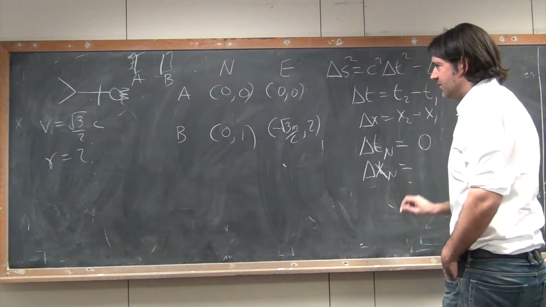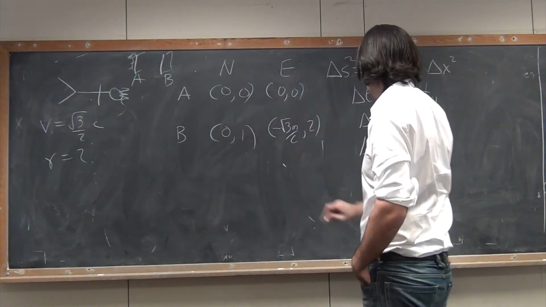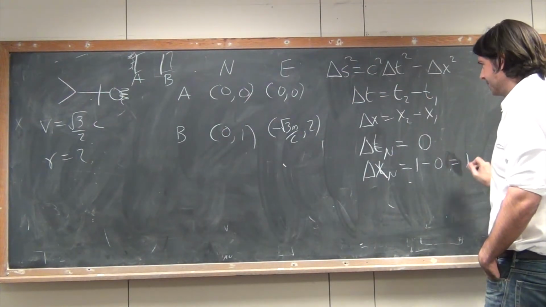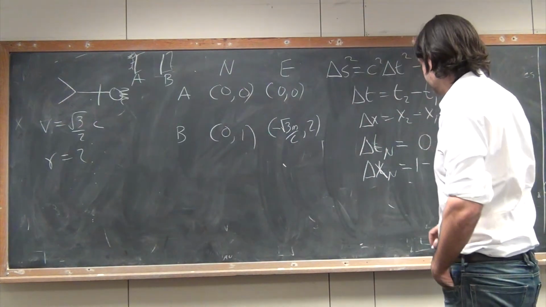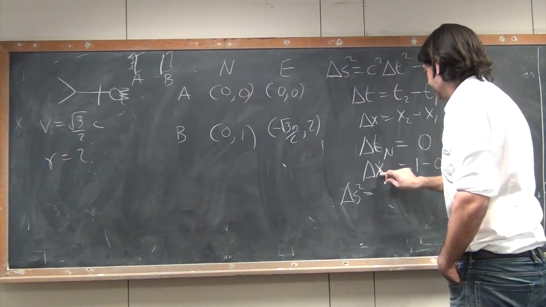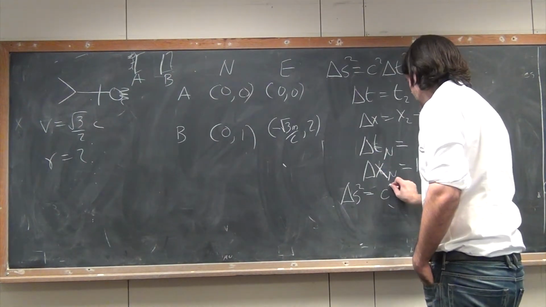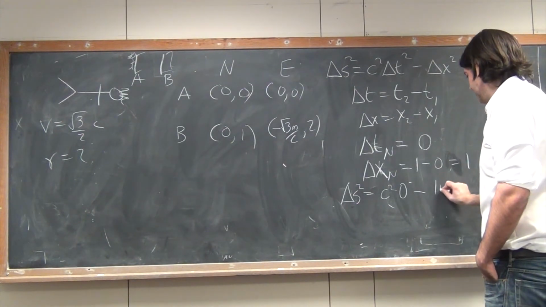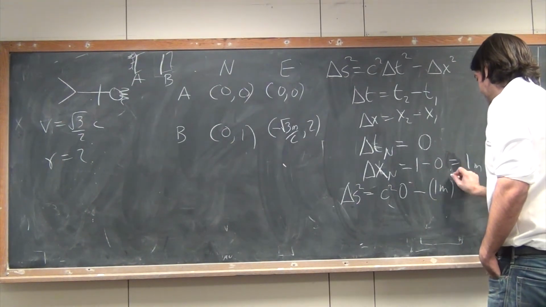The separation in space for Newton is 1 here and 0 there, so that's 1 minus 0 is equal to 1. So for Newton, delta S squared is equal to c squared times 0 minus 1 meter squared.